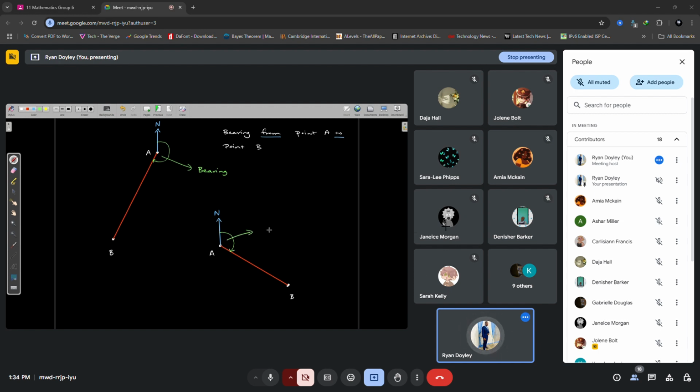So this would represent the bearing. All right, so this is just how we represent these types of questions. Tomorrow we will look at some actual numbers with these questions. So that's it for today.